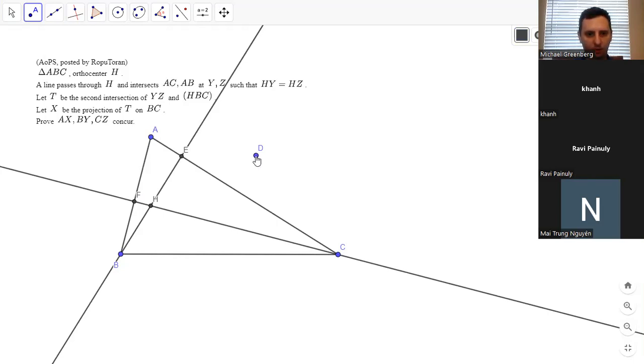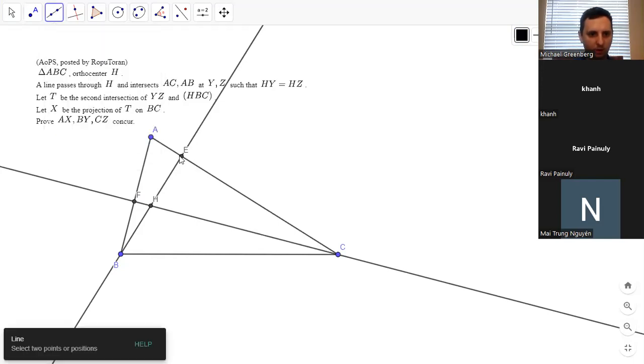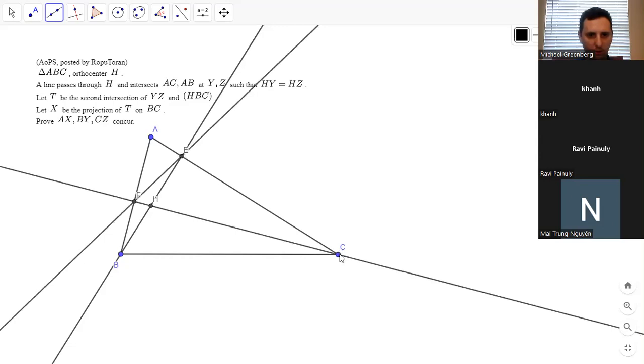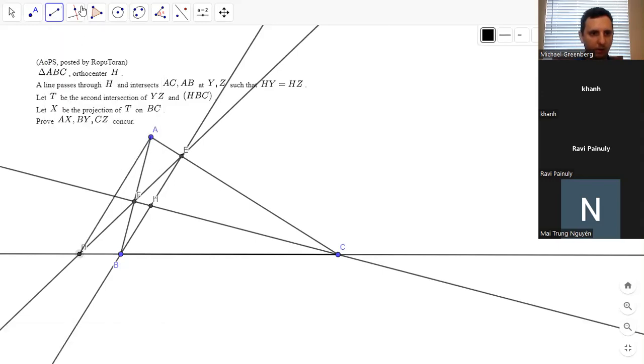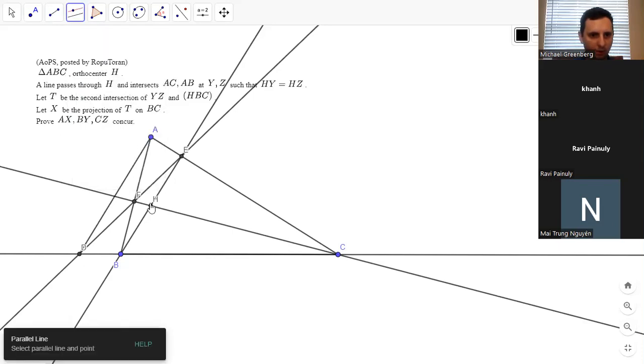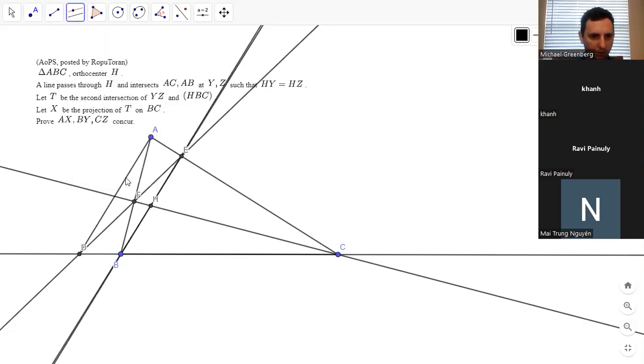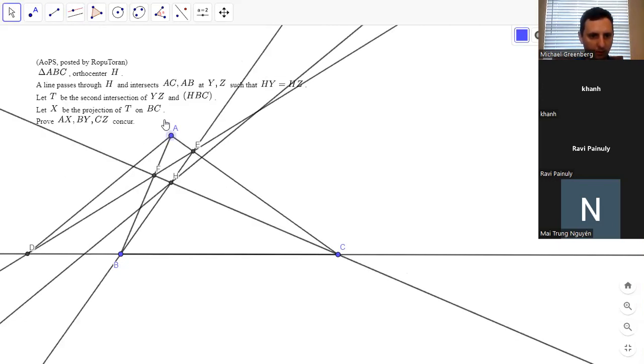And we'll let EF meet BC at a point, and let them meet at D. And then we draw the line through H and parallel to AD. And that is the line that we need to construct. Okay, so it's parallel to AD. All right. I think, there we go.